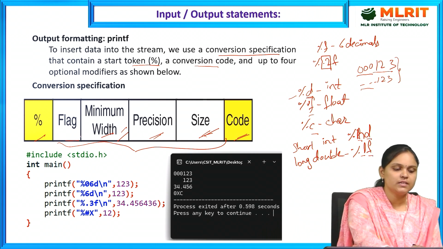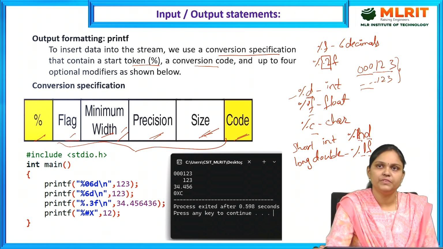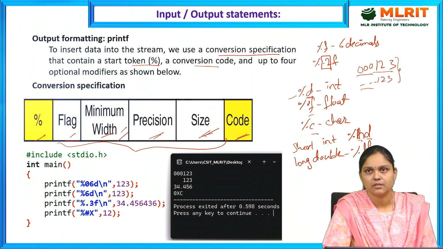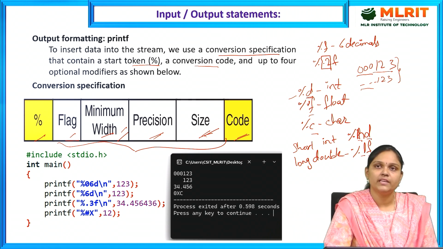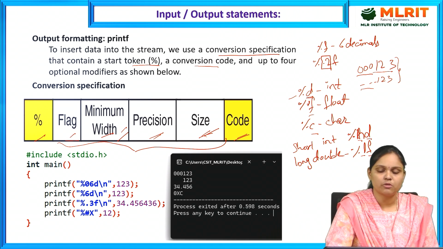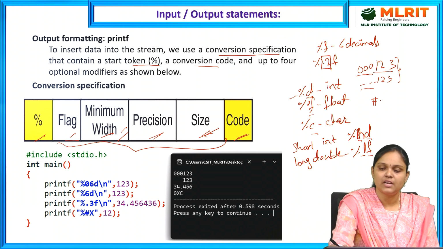And the next is the flag. Coming to the flag, if you want hexadecimal numbers, the number can be converted into hexadecimal or octal values by using that optional flag field. For that flag we are using hash, and after hash, for hexadecimal values we are using x, and for octal values we are using o.